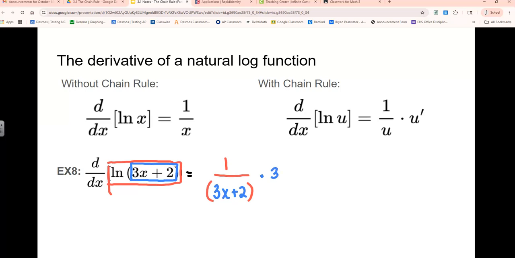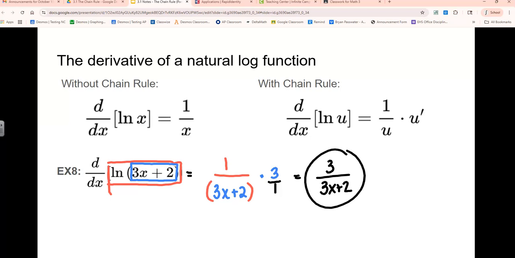Again, fractions throw kids sometimes, but if you have a fraction and other parts that aren't fractions, just make everything a fraction. That 3 is a 3 over 1, right? And then just multiply straight across: 3 over 3x plus 2. Can I simplify any further? You may be tempted to mark those 3's out, can you? You cannot. You just have to stop here.